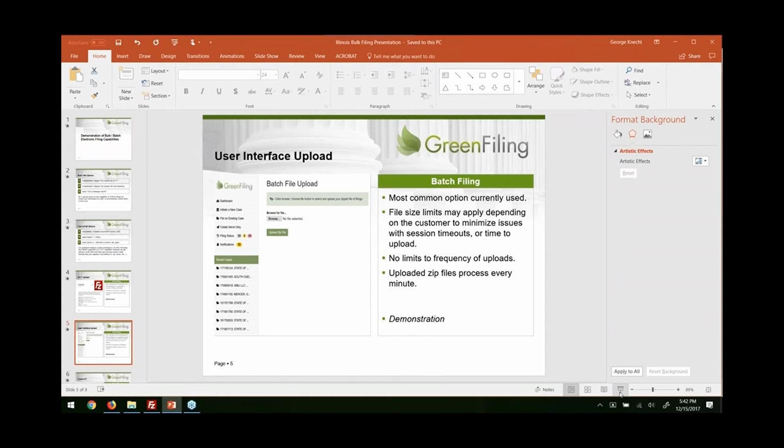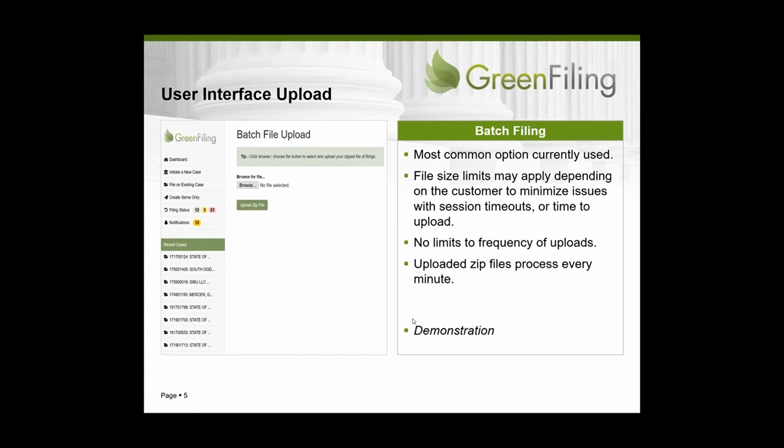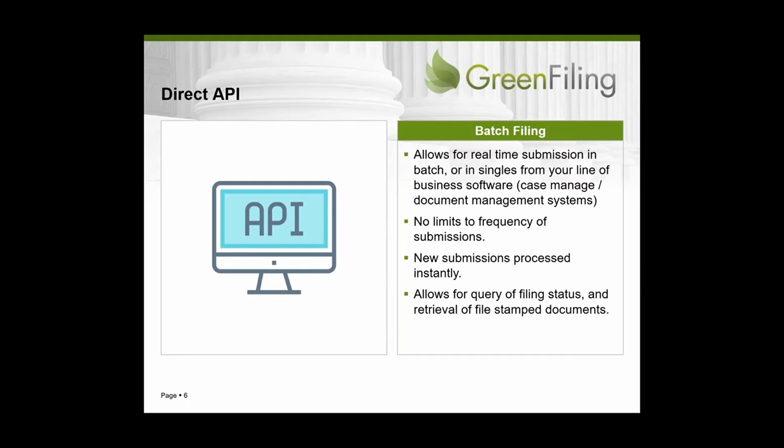So that's option 2. Option 3 is to use our API. Now this is more difficult to demonstrate, so we won't go through that demonstration, but it essentially works exactly the same.